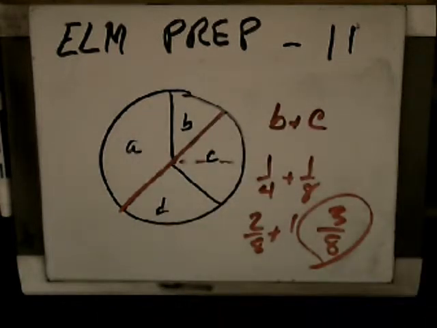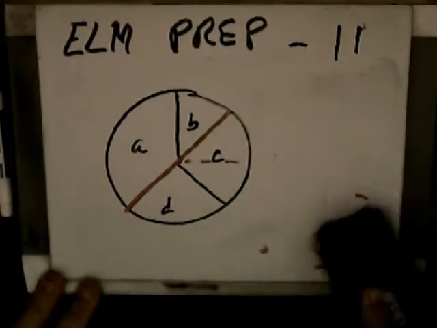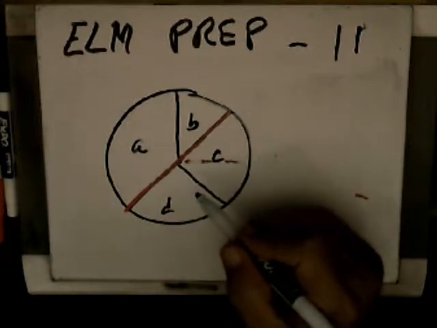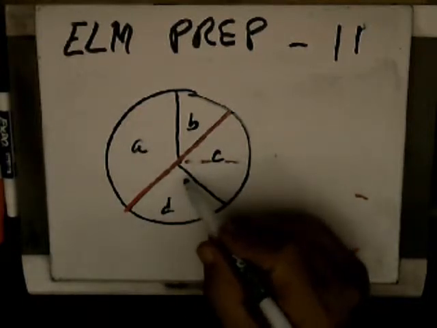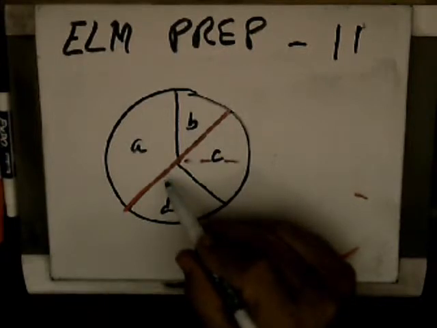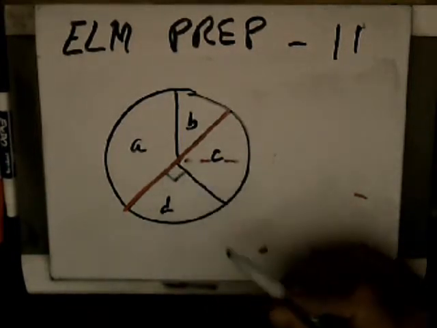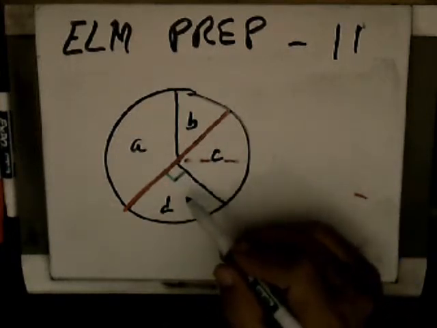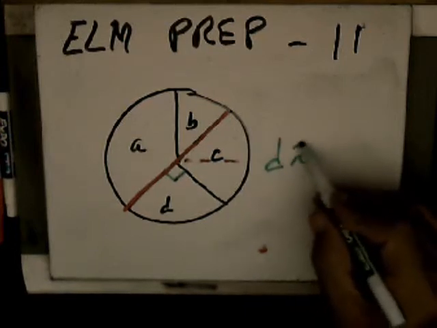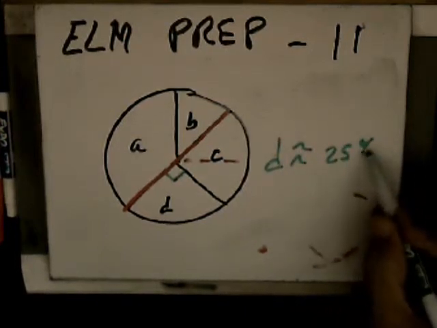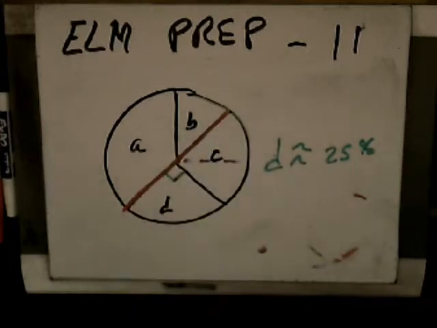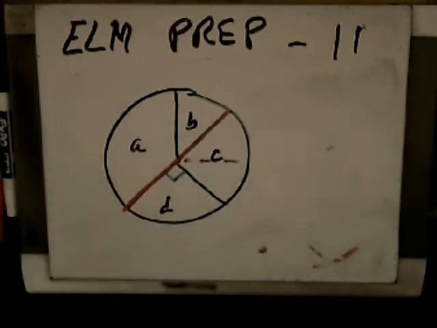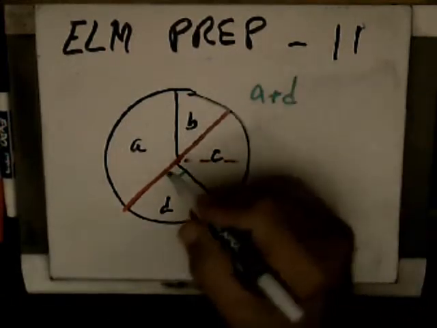Well, if we just wanted to know what D was, let's look at D. It almost looks like a fourth here, that this might be perpendicular. If it looks like it's perpendicular, you could take a guess that D was approximately 25% of the total, because it's 1/4 of the circle. If I were to add A plus D, well, there's half of it.